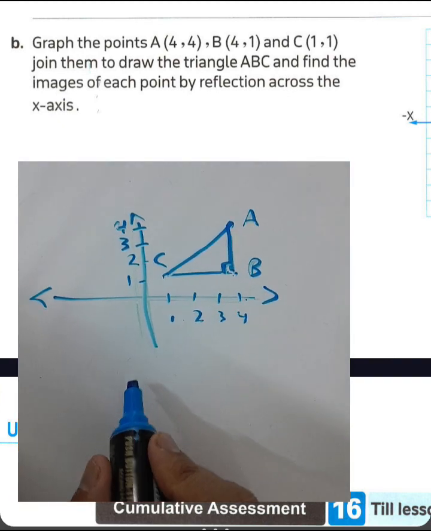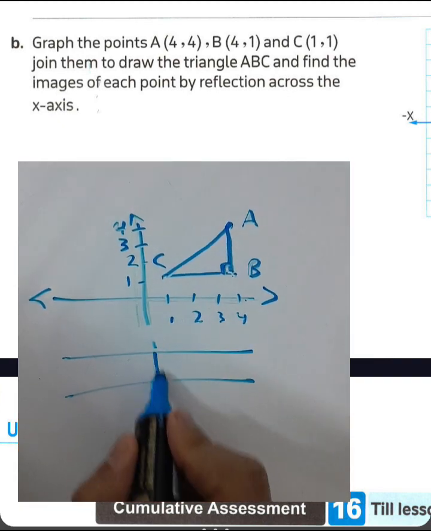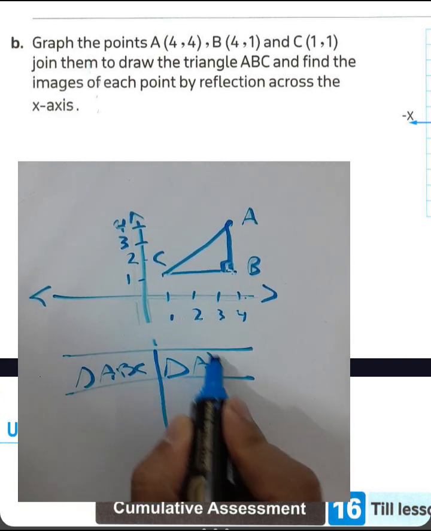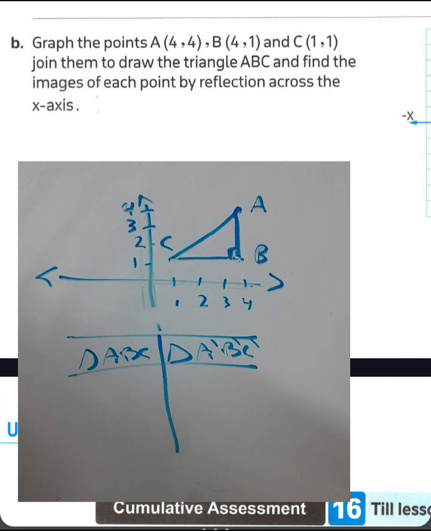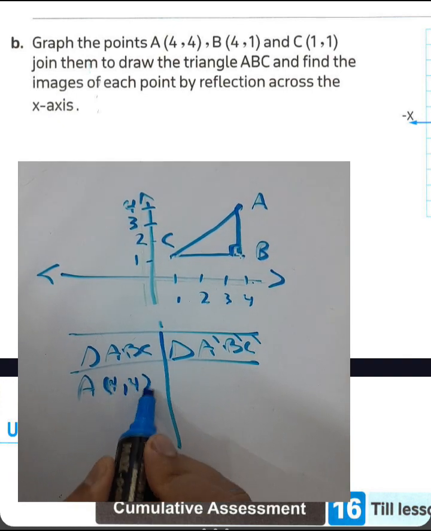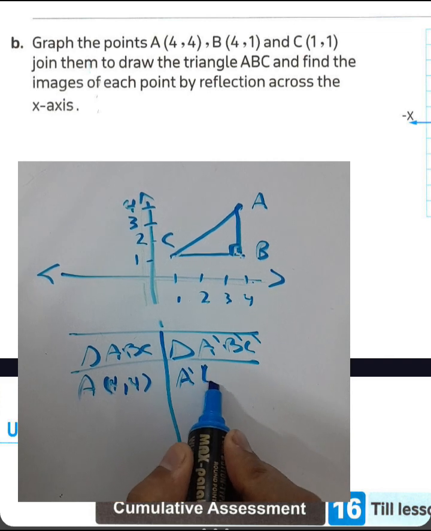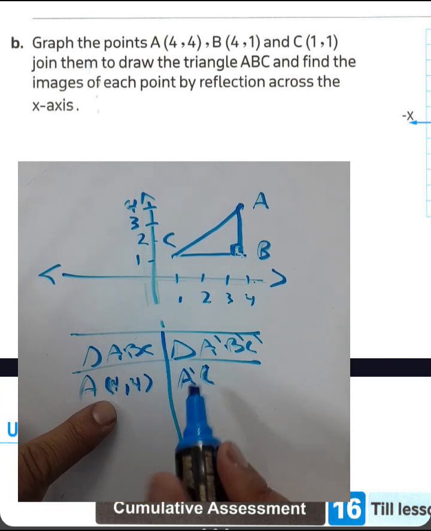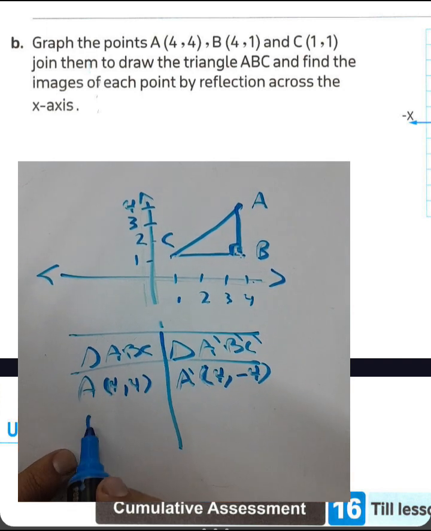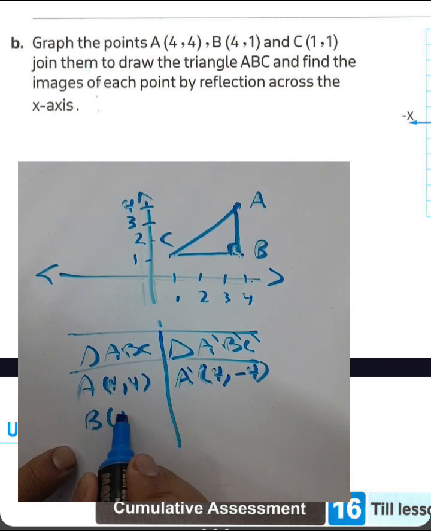Okay, draw the table. Triangle ABC, and this triangle A dash B dash C dash. The first triangle, this point A was 4 and 4. Then A dash will be what? Reflection about the x-axis: put x here and change the sign of y. And the point B was 4 and 1.